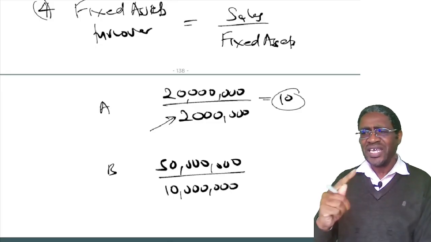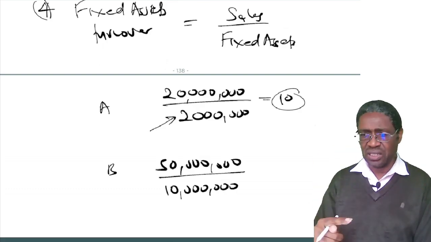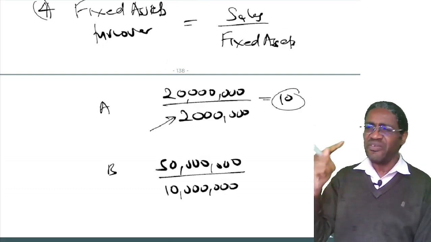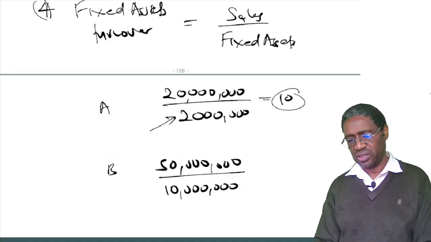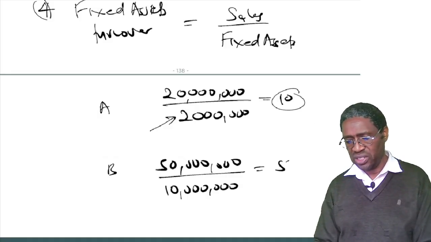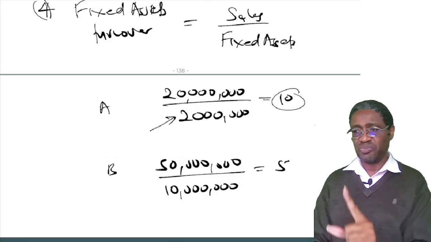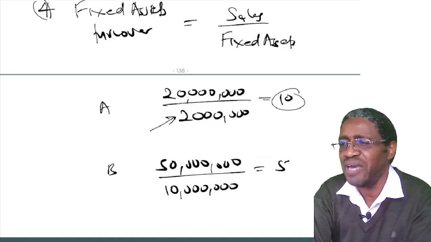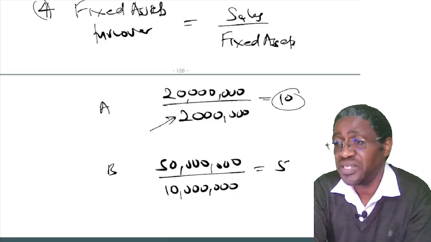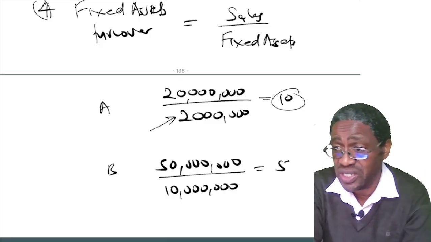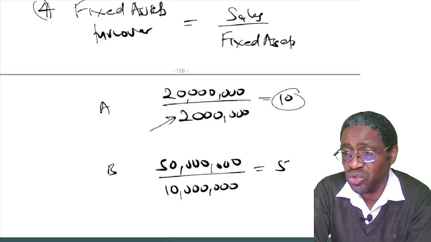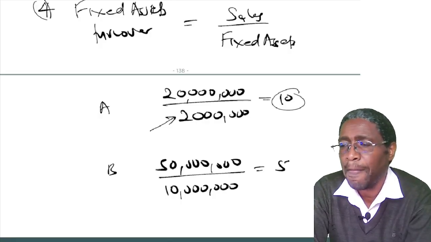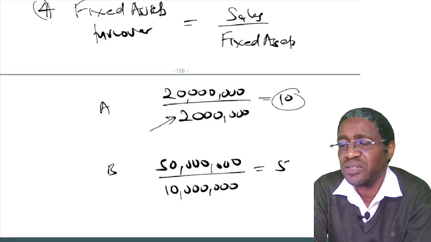How much are they able to generate as sales from every shilling invested in the business? 5 shillings. Which firm is better? In other words, which firm is able to utilize its available resources, which we are calling fixed assets here, more efficiently? Is it A or B?